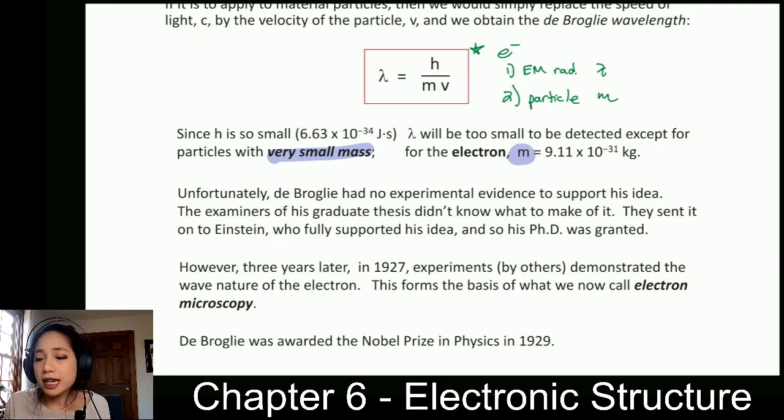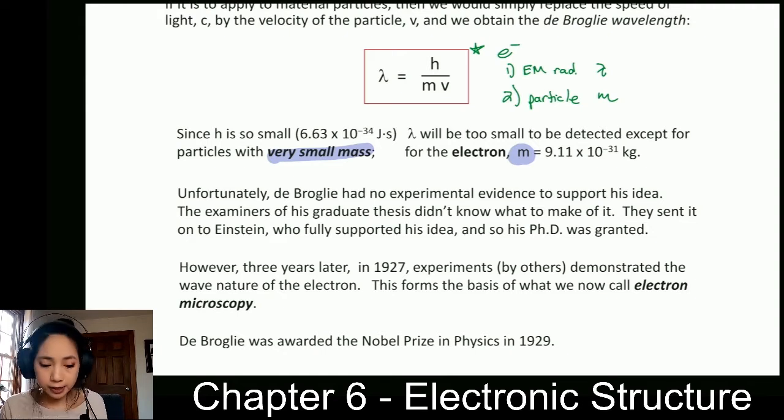So when you see images of atoms, molecules, really, really small nanoparticles, all of those are done with electron microscopy.